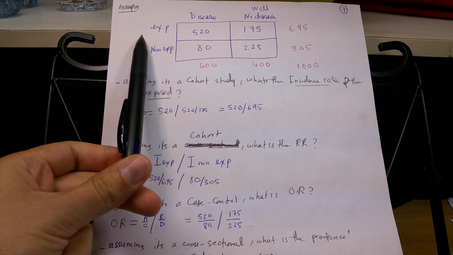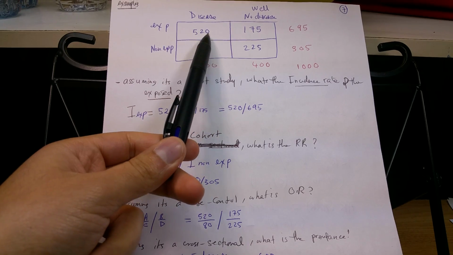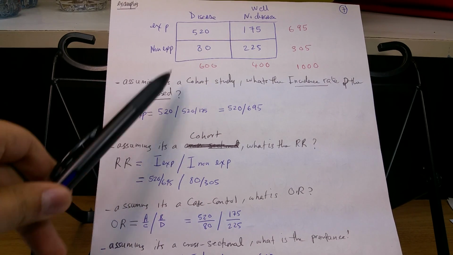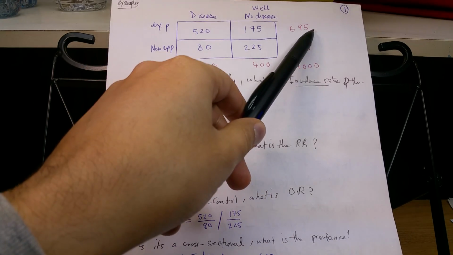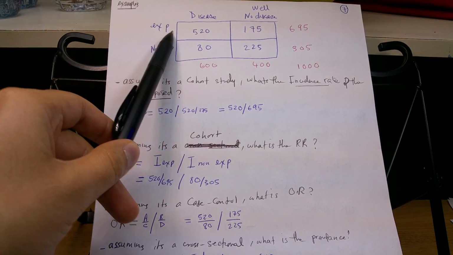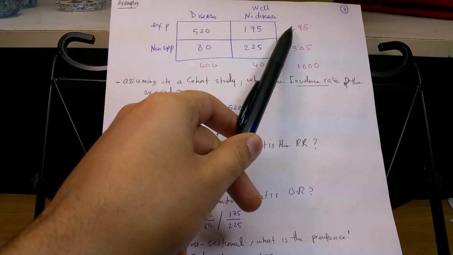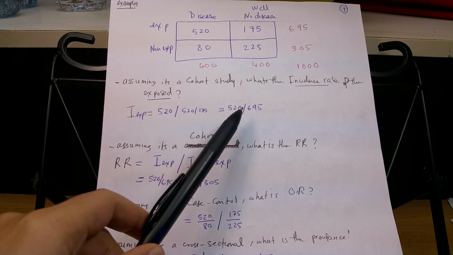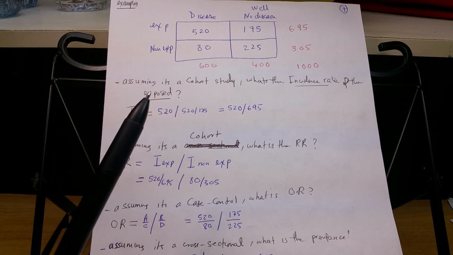As we said before, to get the incidence of a certain group, we get the diseased people, which is 520, divided by all the people who are at risk in this group, which are 520 plus 175, 695. Okay? Assuming it's a cohort study, what's the relative risk?